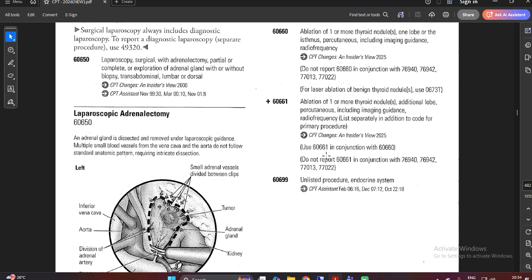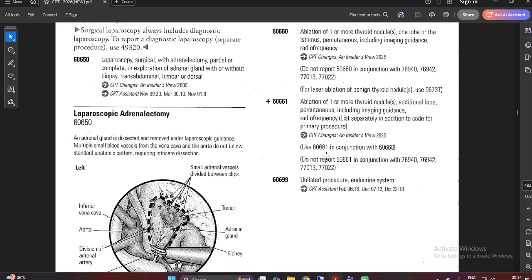Ablation of one nodule on the left lobe, one nodule on the right lobe using radio frequency: 60660 and 60661 also, for the additional lobe. Correct.